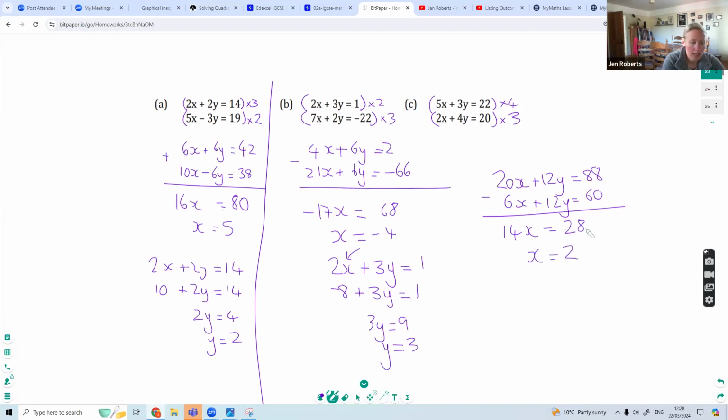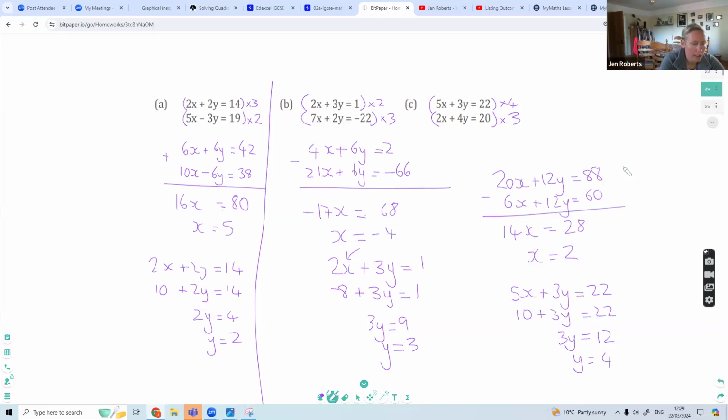Okay, so you should have got x is 2 for this one. And I'm going to substitute mine back into the top one. x is 2, 5 times 2 is 10. Take 10 off both sides. 3y is 12. Divide both sides by 3. y is 4. You've got 3 more to have a look at.